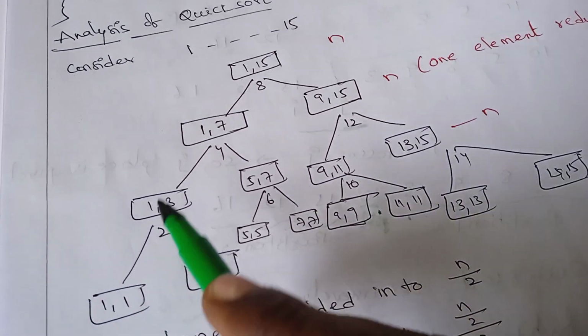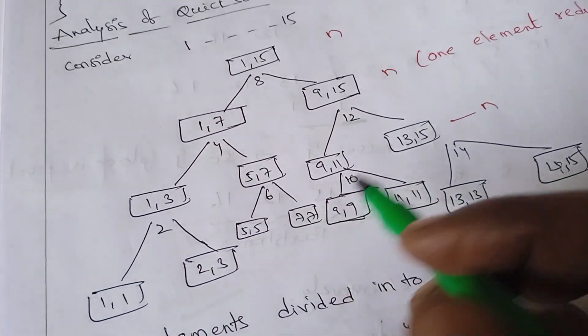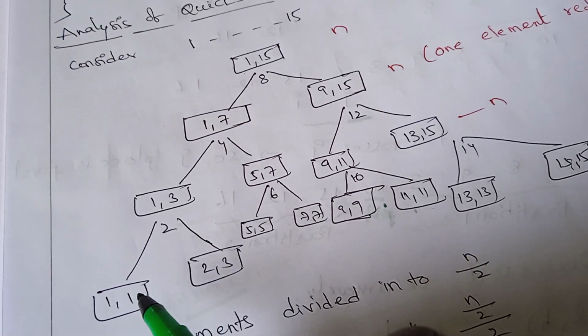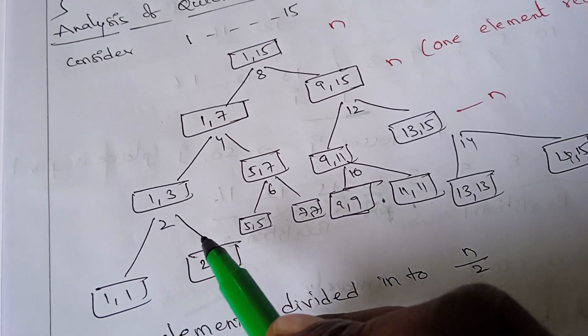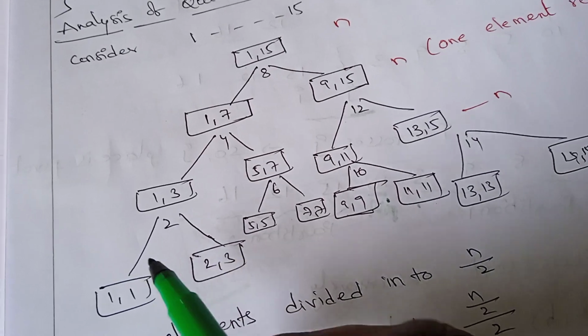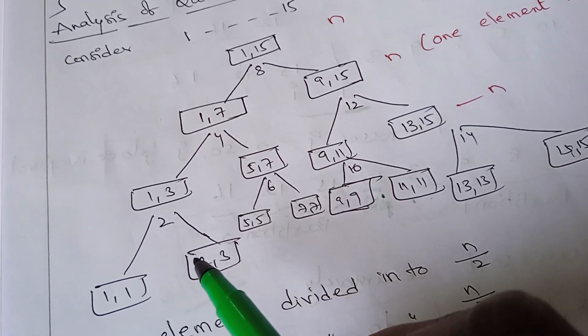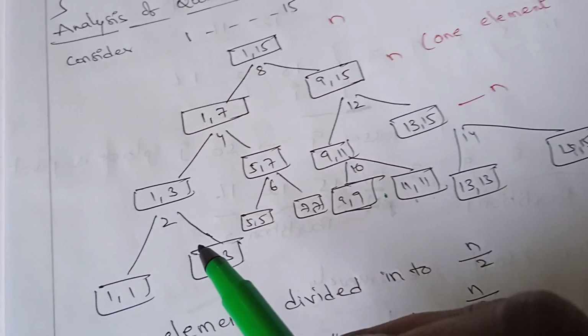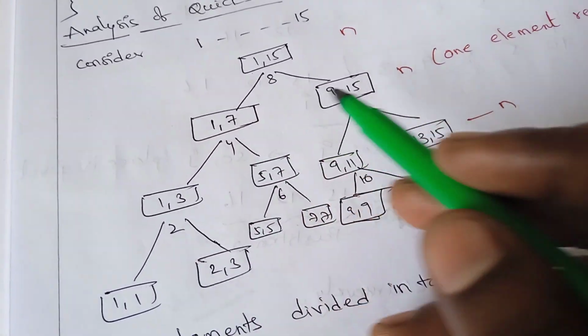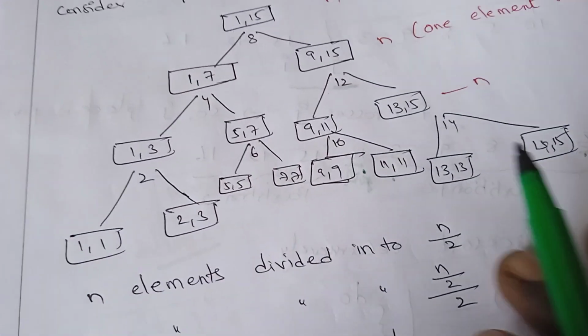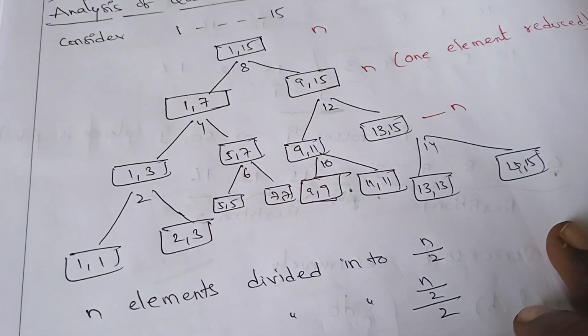We divided the whole problem into subproblems and we are conquering individually. So here you are left with one element, here we are left with two elements. Now we check whether these two elements are in the right place or not, right? And we do this procedure for all the elements.